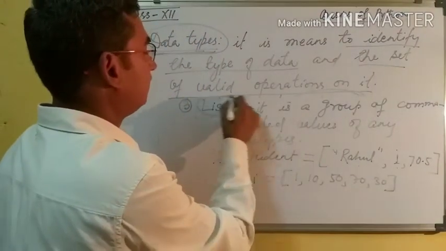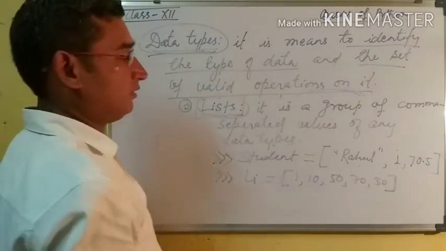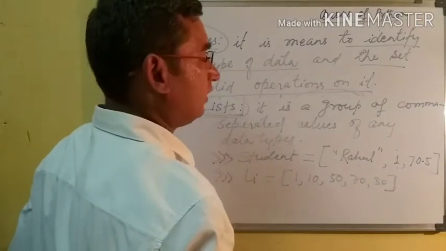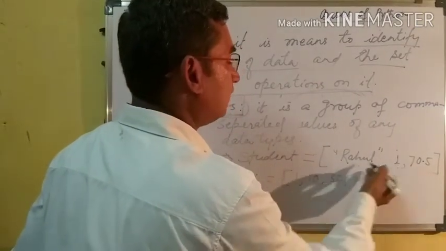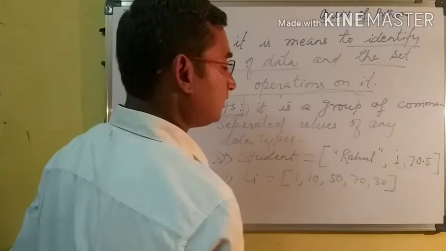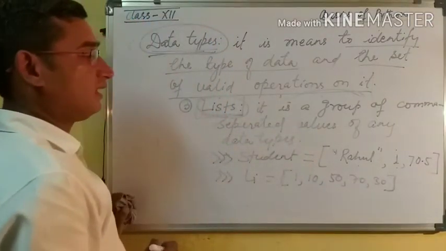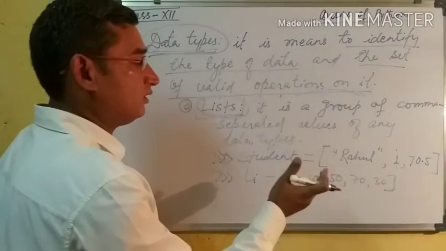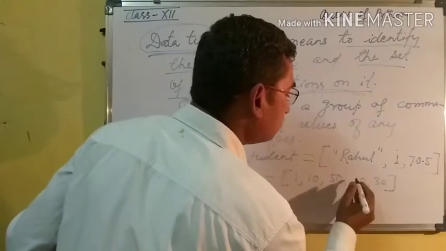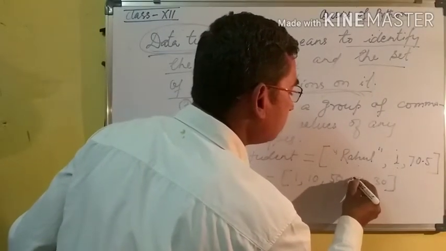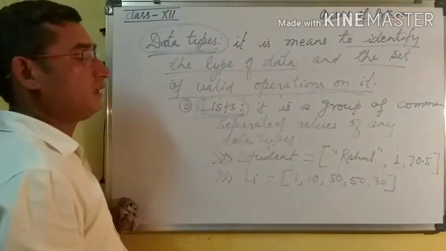Lists are of mutable type. Mutable means you can change the values of this list. Any list can allow duplicate values. Duplicate values means you can write 50, 50, two times.